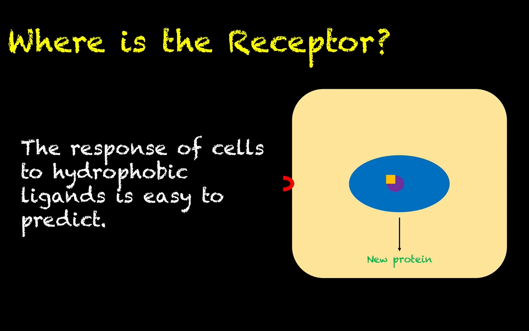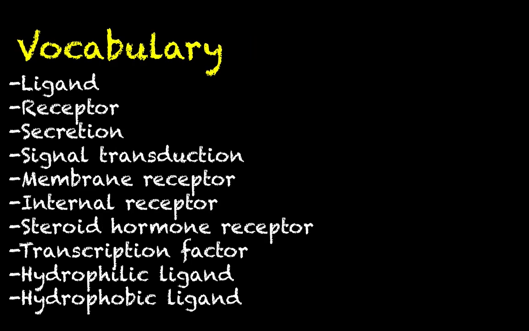So when you're dealing with a hydrophobic ligand binding to its receptor, the response is almost always going to be that the target cell makes a new protein that it was not making before, and the change in cell behavior and the change in physiology is because of the function of this new protein that's just shown up.